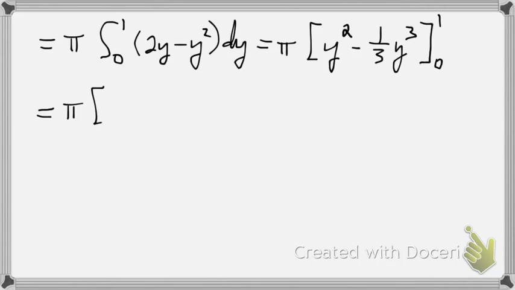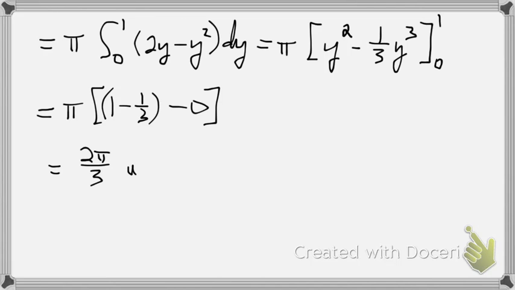If I plug in 1, I get 1 minus 1/3. And if I plug in 0, that 0 is the whole back half out, right? So my answer is 2 pi thirds cubic units.